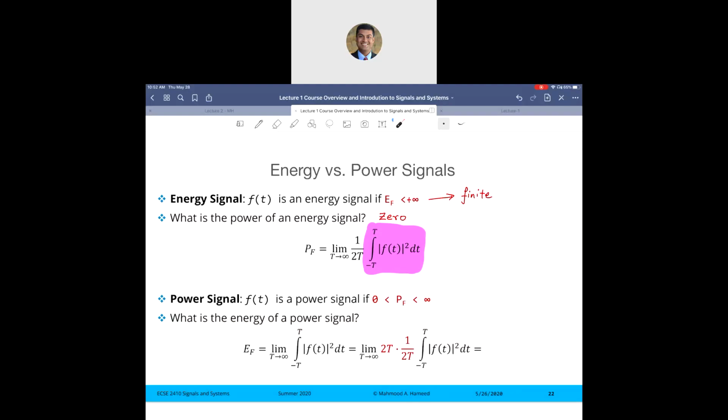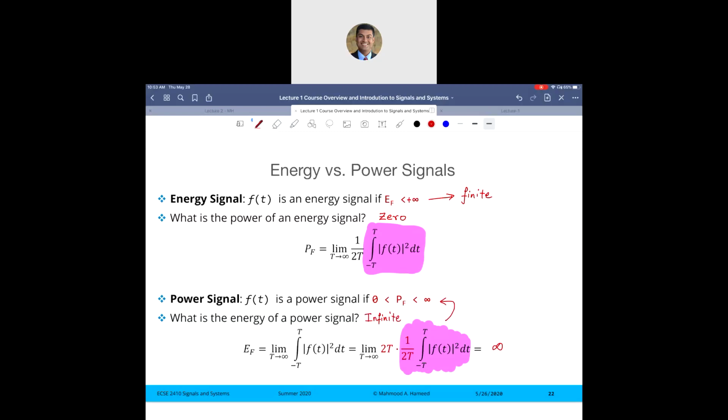Now we'll play a little trick over here by multiplying and dividing by 2T so that we have this particular term representative of the power of the signal. In this case, we are saying that it is going to be between 0 and infinity. So you take something that is between 0 and infinity and you are now multiplying with 2T. Again, T tends to infinity, so that product is essentially going to be infinite. So the energy of a power signal is infinite.